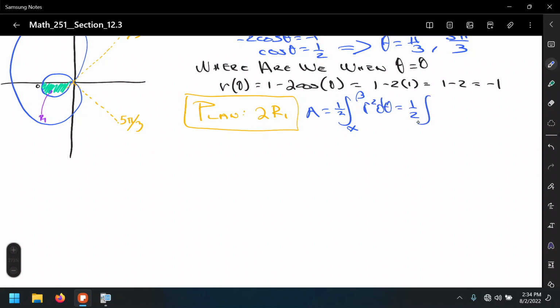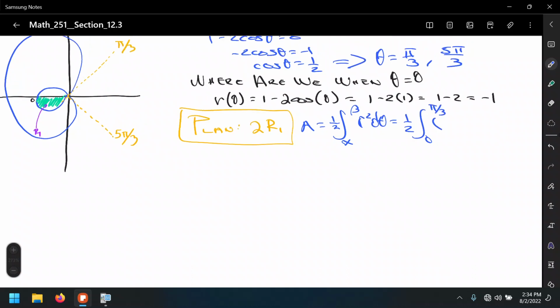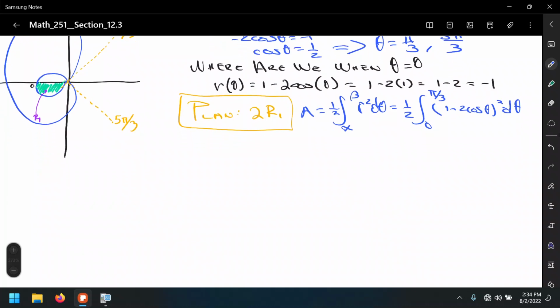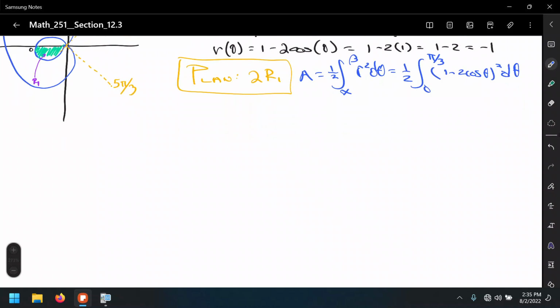That's 1/2 the integral from 0 to pi over 3 of 1 minus 2 cosine theta, squared, d theta. Alright, so this one is going to take a good minute because we will have to square the binomial first and then integrate each term. Well, in fact, we will still have to use trigonometric identities. Well, you'll see.